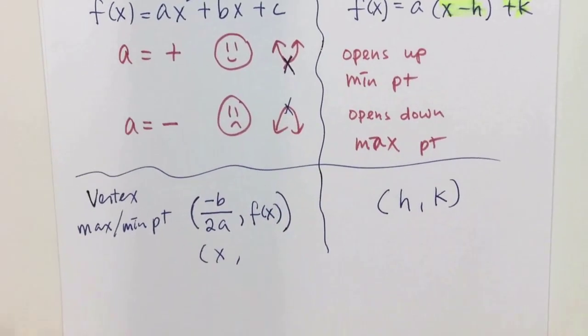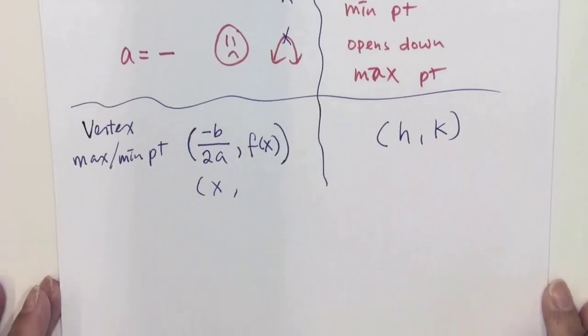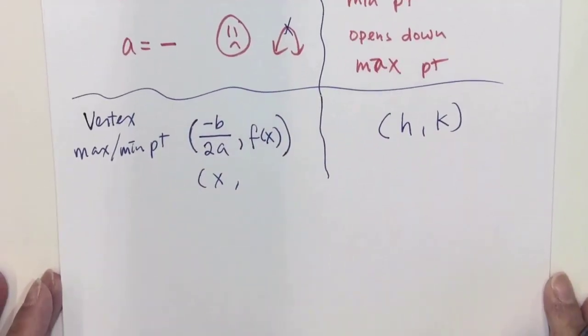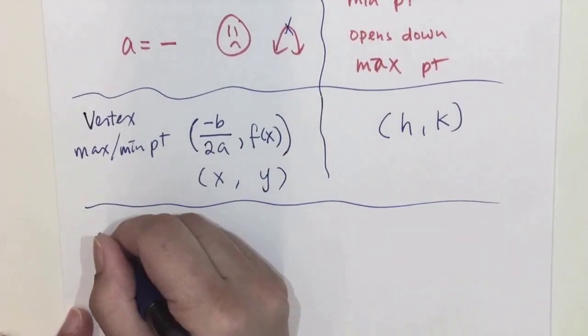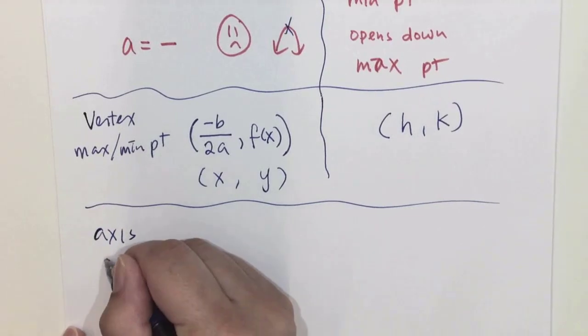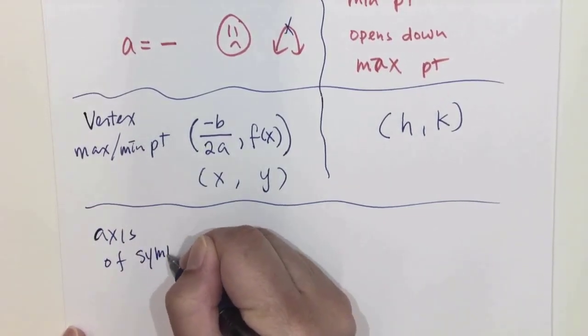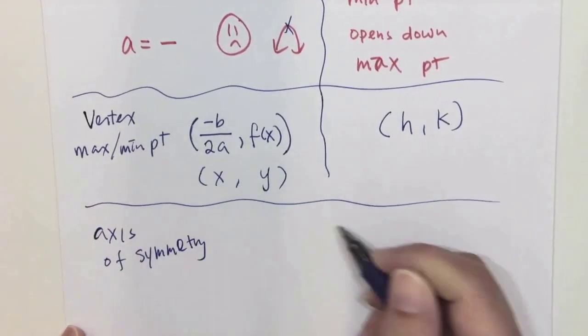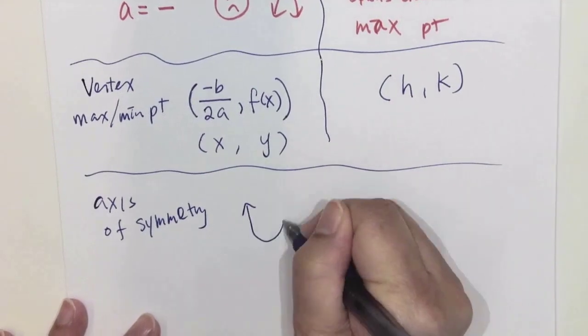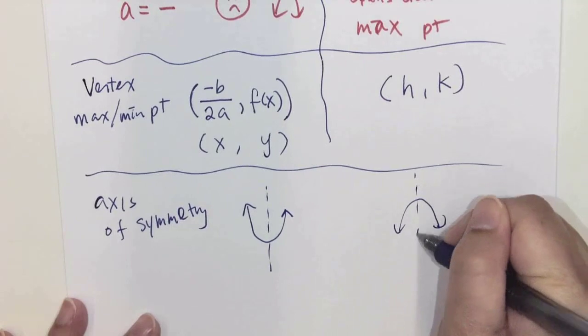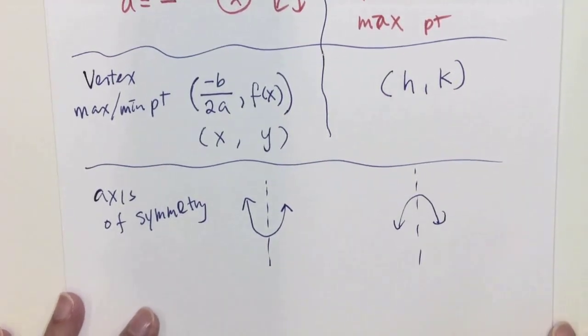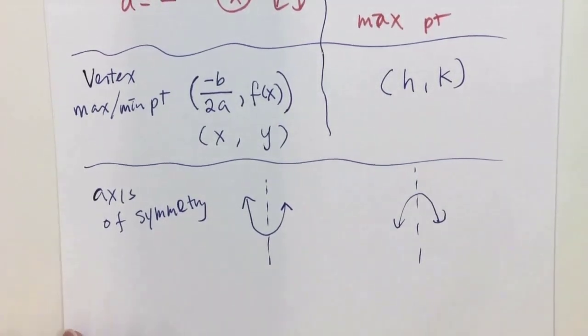Some of your questions later on will ask you to find the maximum point because it's business math. So that's how you find it. And then if I want to know the axis of symmetry, depending on whether you have an open up or open down parabola, it's going to go through the vertex, but it is a vertical line.